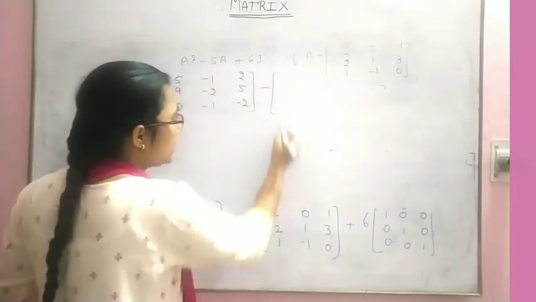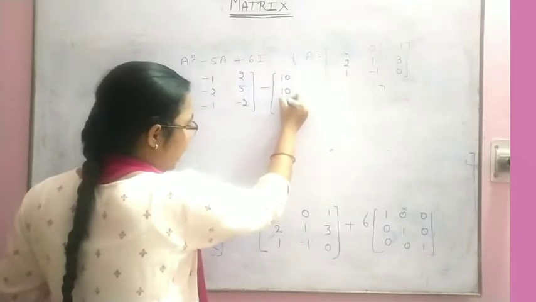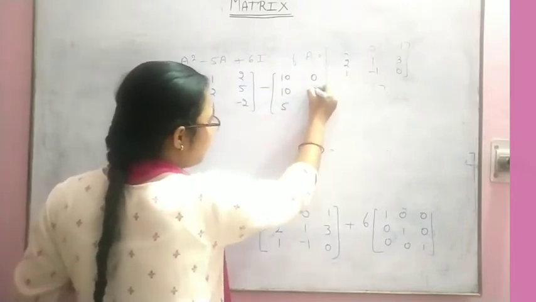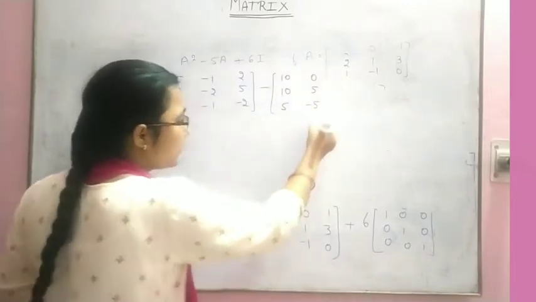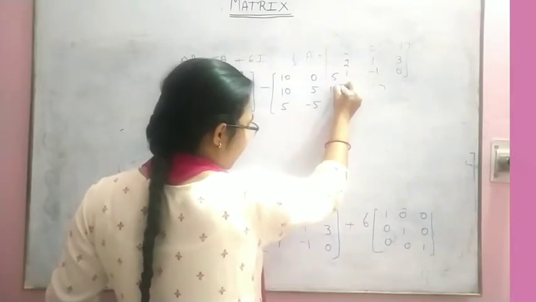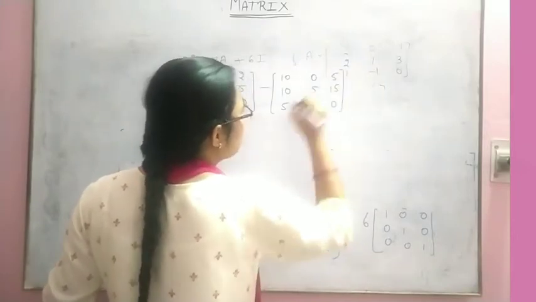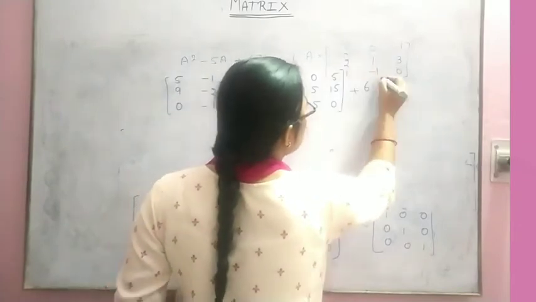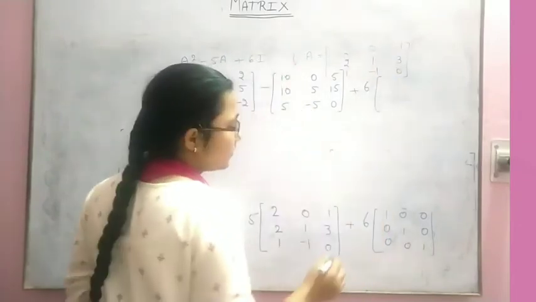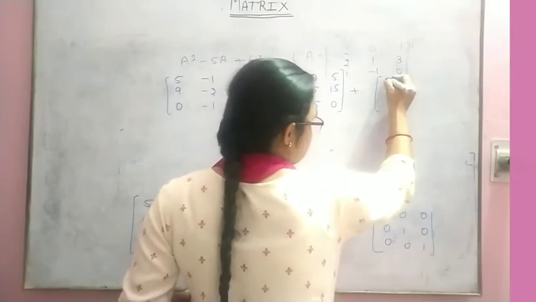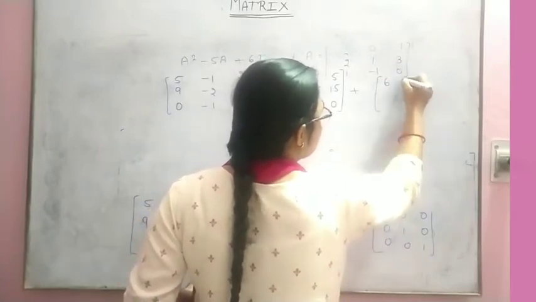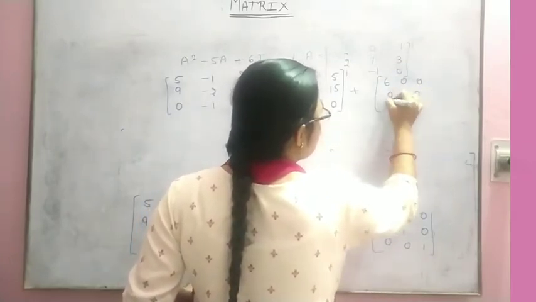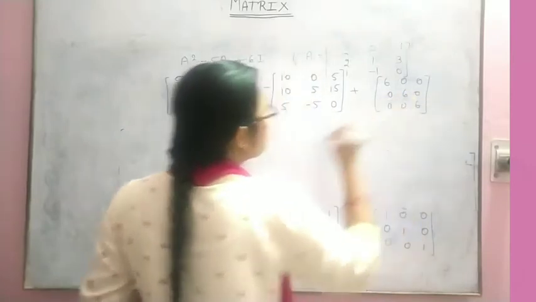So this is 5 times 2 is 10, again 10, 5, 0, 5, minus 5, 5, 15 and 0. Now plus 6I, same, scalar 6 is also multiplied by each element, we get this.